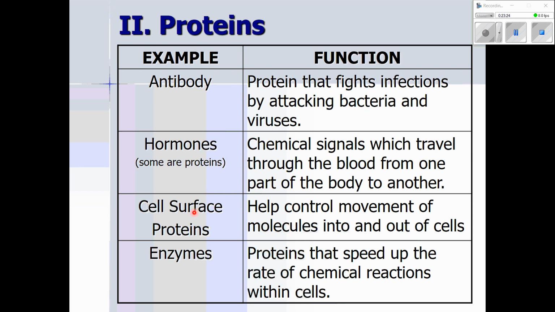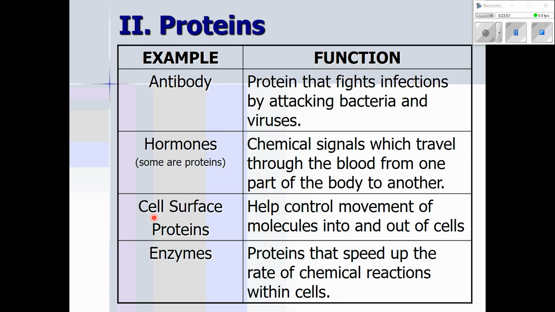All of the cells of your body have on their surface cell surface proteins, which help control the movement of molecules into and out of cells. And some cell surface proteins basically function like little flags, little markers that tell your immune system that, hey, I belong in this body, don't kill me.